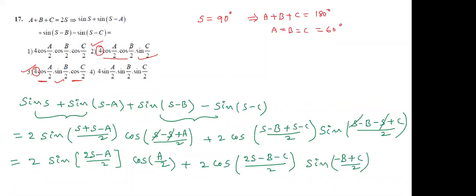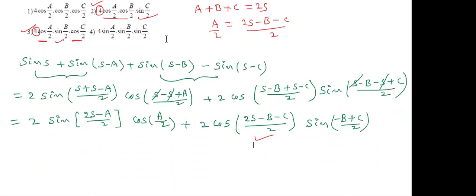Okay, now take A plus B plus C as 2S. Then what is A? A is 2S minus B minus C, divided by 2. Substitute here. (2S minus B minus C)/2 means A/2, or not?